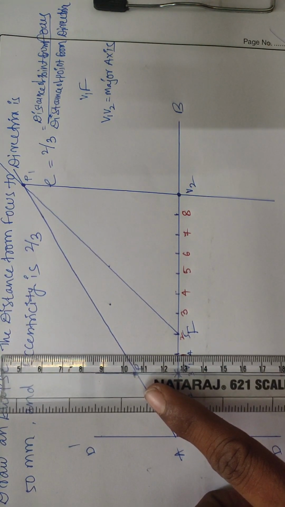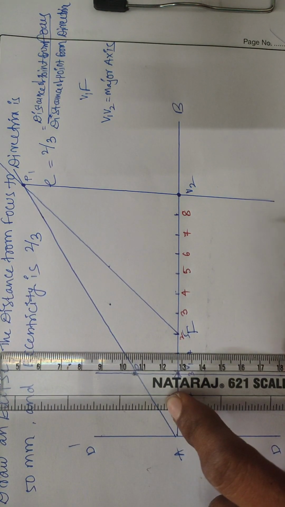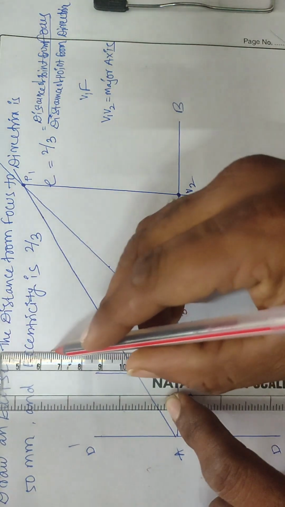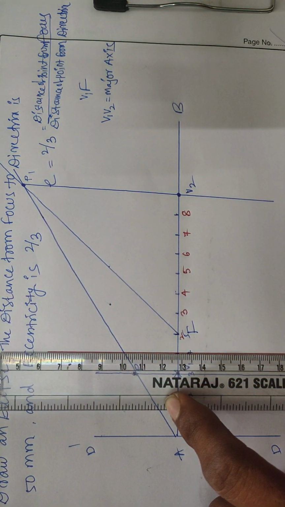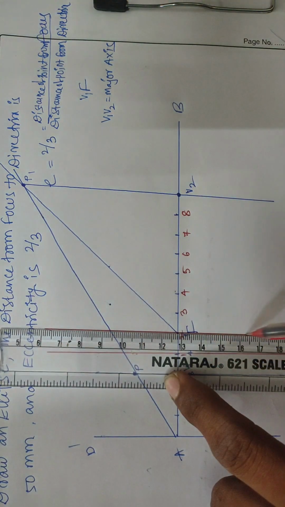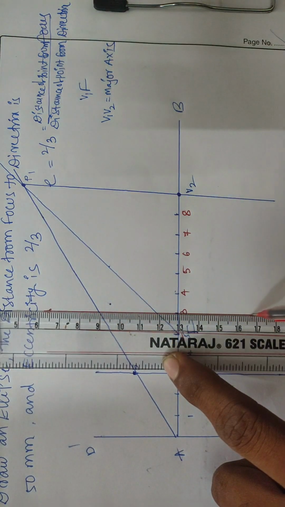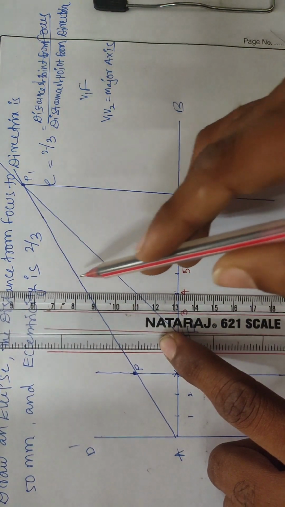Each vertical line needs to be parallel with the line which is passing through V1. Each and every line should be parallel to each other.